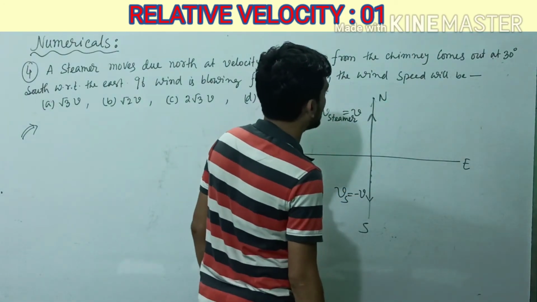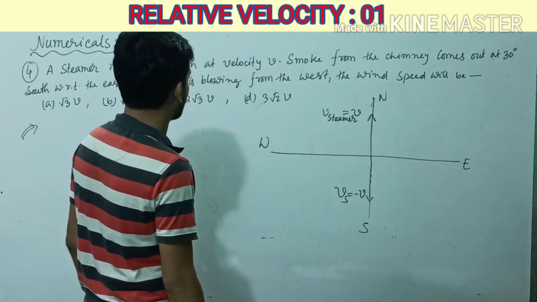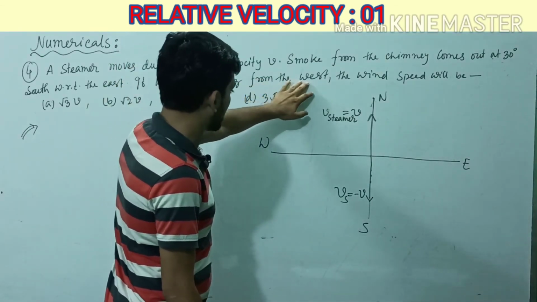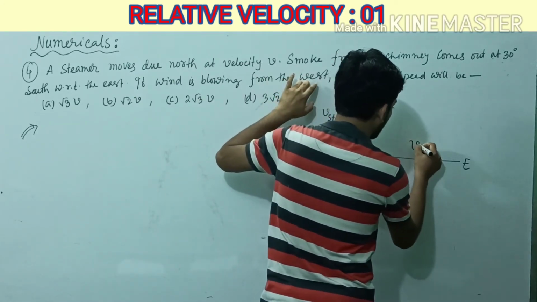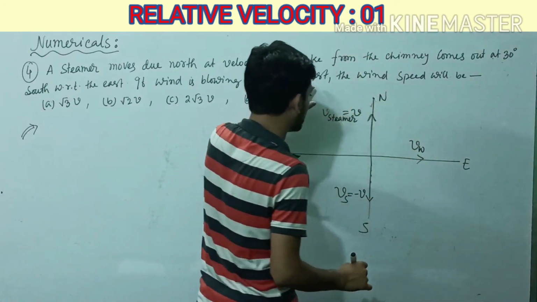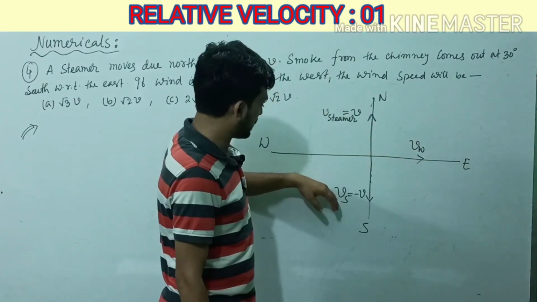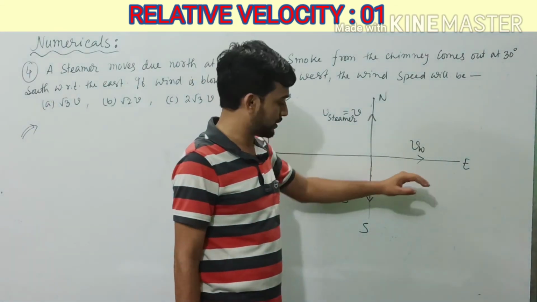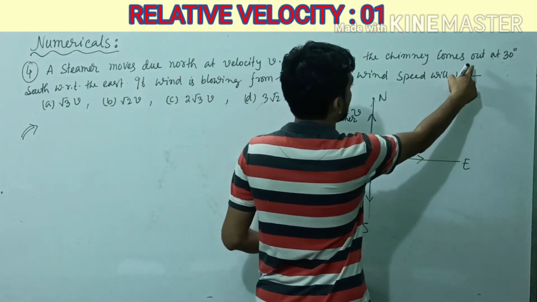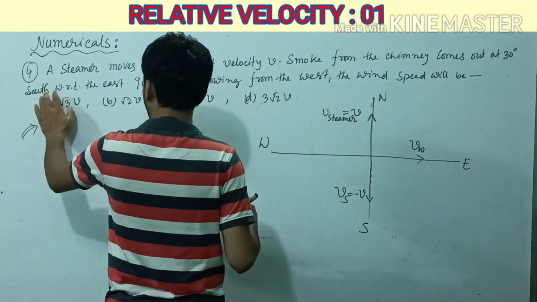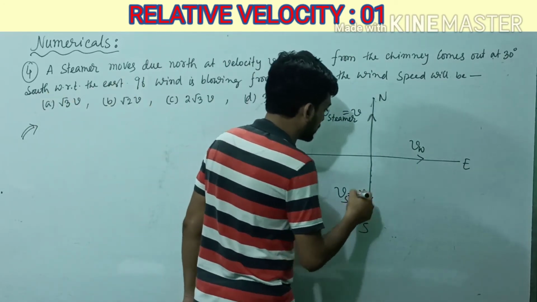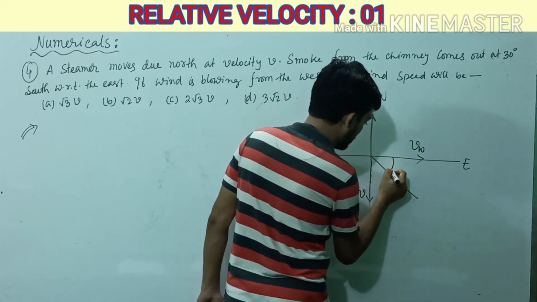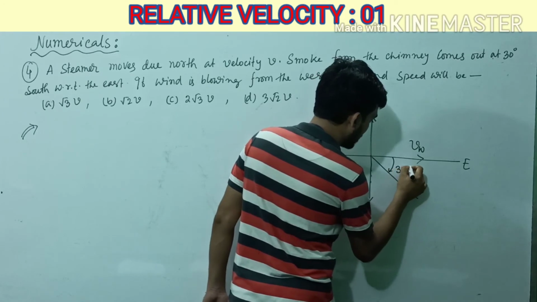v. Okay. Now since wind is flowing from west, this is the direction of the flow of wind. Wind is flowing from west means towards east. The direction of motion of the smoke will be deviated towards east, and it will be at 30 degree south with respect to east. 30 degree south with respect to east means if you are going to measure the angle from east, it will be 30 degree towards south.